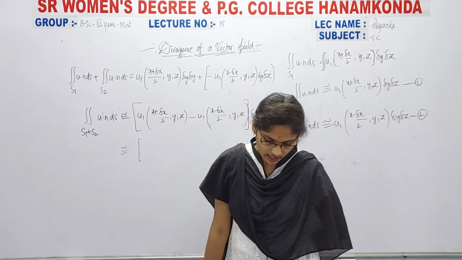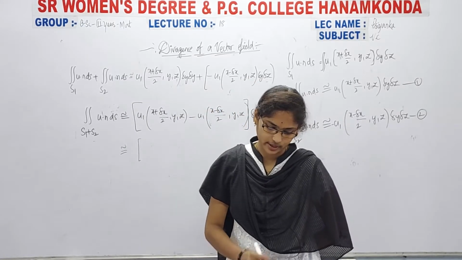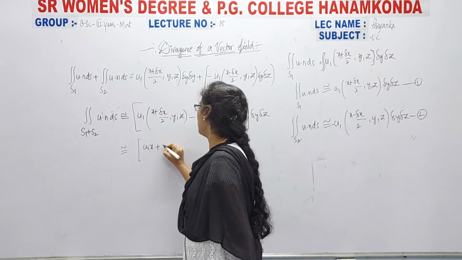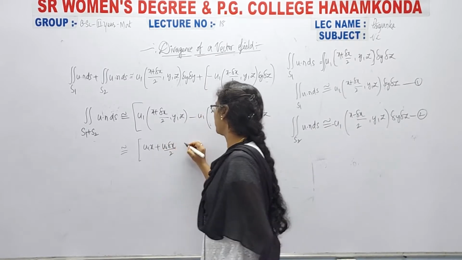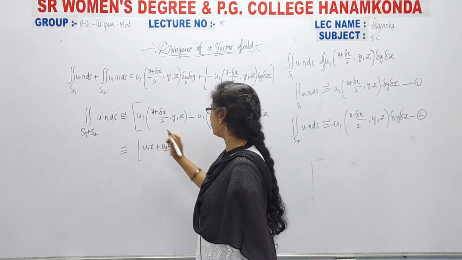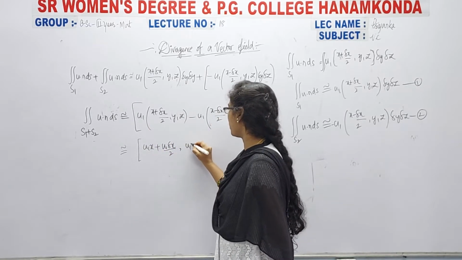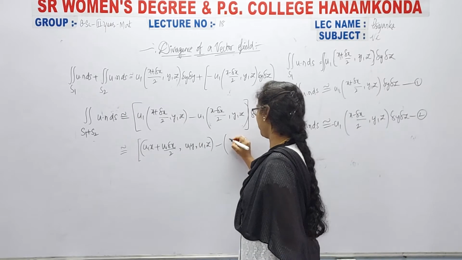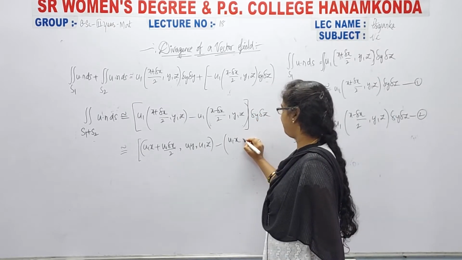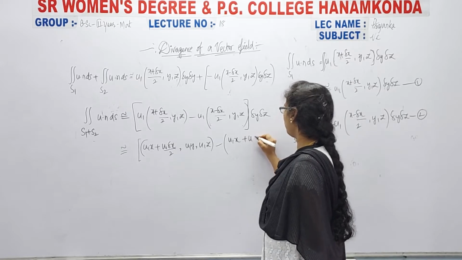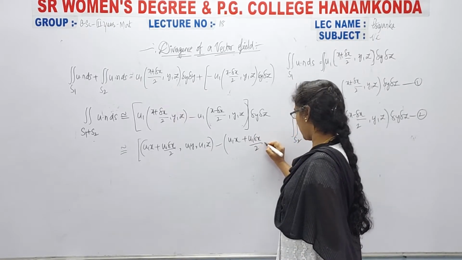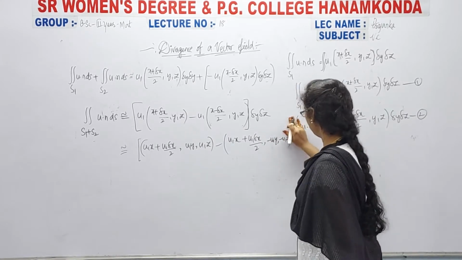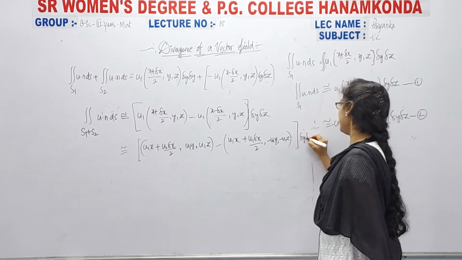I want to give the entire value: u1 of x plus u1 delta x by 2 comma u1 y comma u1 z, minus u1 x plus u1 delta x by 2 comma minus u1 y comma minus u1 z, of delta y delta z.